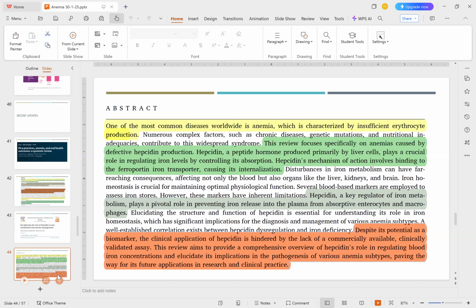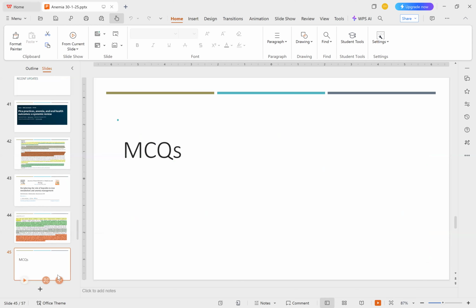Despite its potential as a biomarker, the clinical application of hepcidin is hindered by the lack of a commercially available clinically validated assay. This review aimed to provide a comprehensive overview of hepcidin's role in regulating blood iron concentration and elucidate its implication in the pathogenesis of various anemia subtypes, paving the way for its future application in research and clinical practice. Now it's time for MCQs.